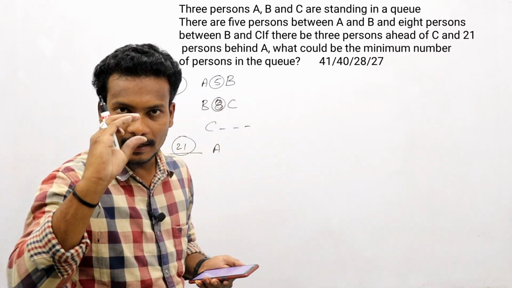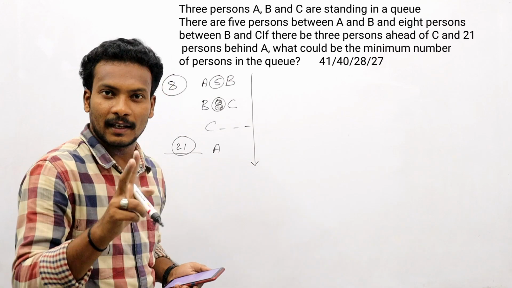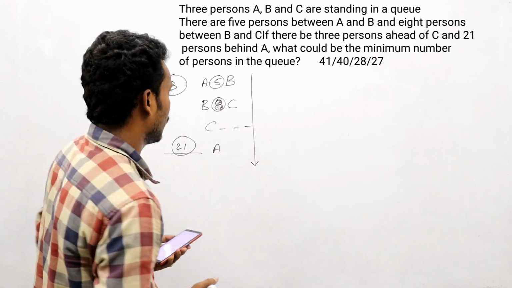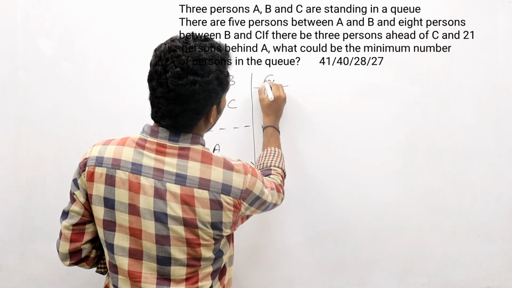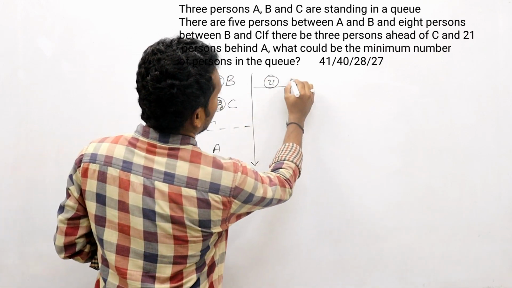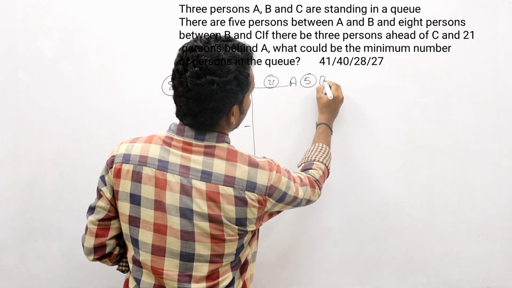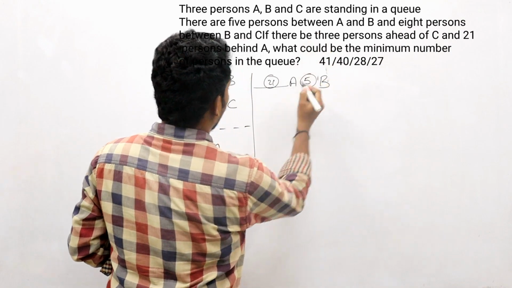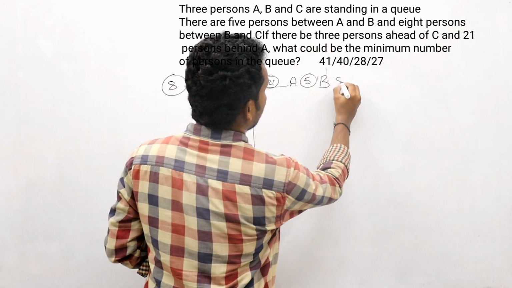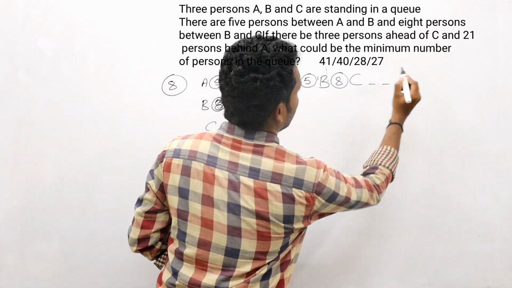Minimum number means less number. Whenever he is asking like that, minimum or maximum, we get a compulsory 2 answers. Now we are taking A here. Here it is 21 members first and then A. From A to B we need 5 numbers. We get B here. Now B to C we need 8 members between, we get C. After C we have 3 members.